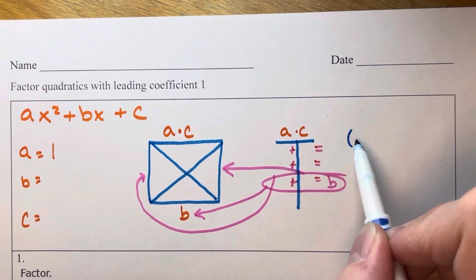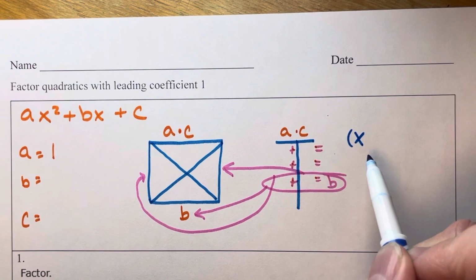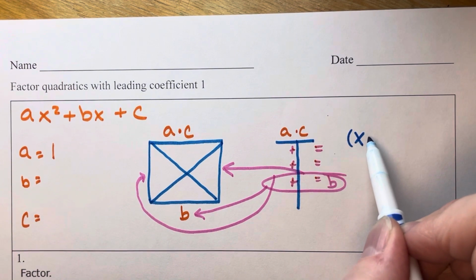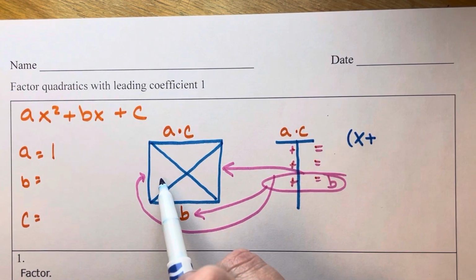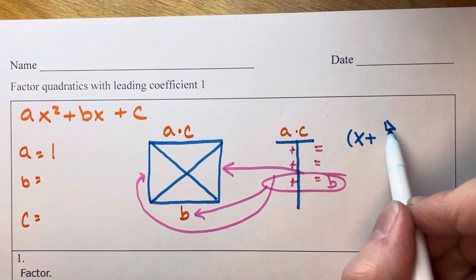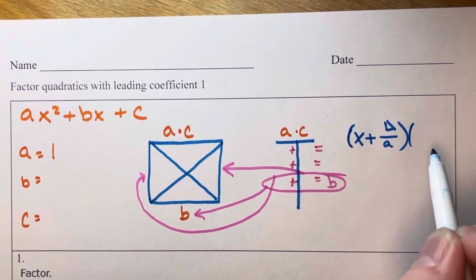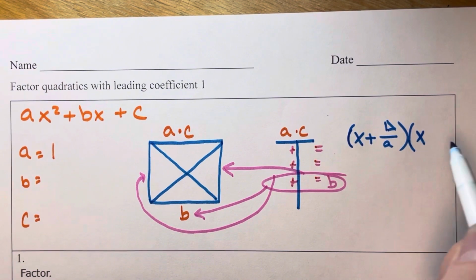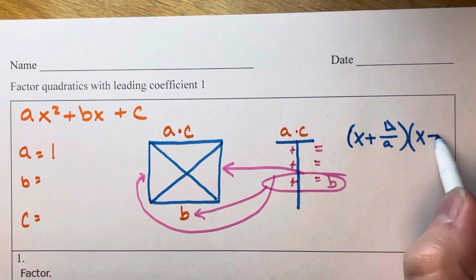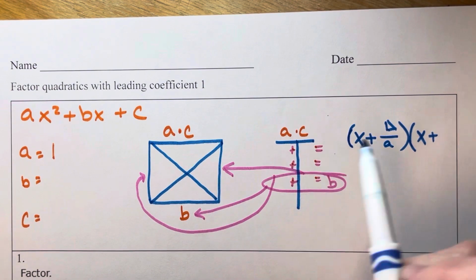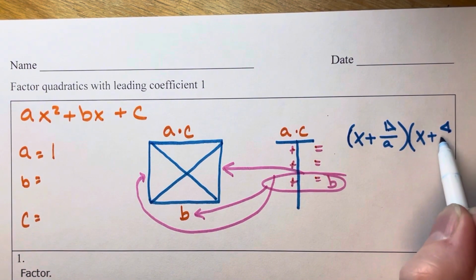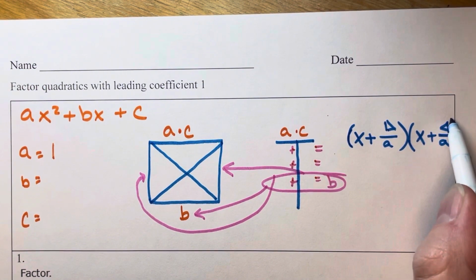Our final answer comes from our variable of choice in the problem, plus whatever your left wing is divided by your A number, times your variable X of choice, plus whatever your right wing is over your A number.